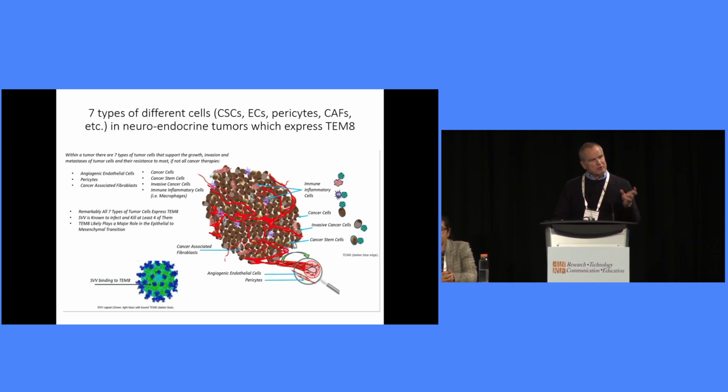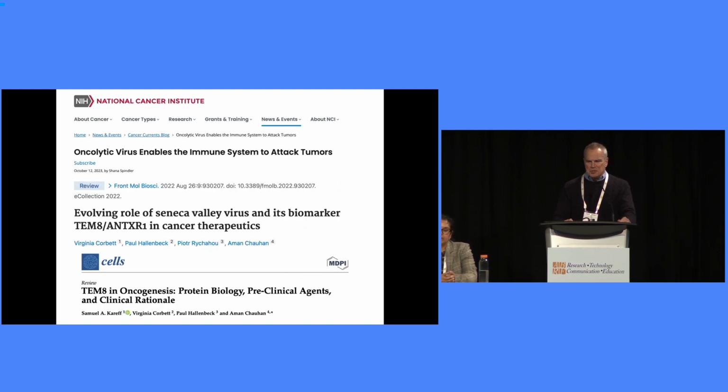So what was originally positioned as a single modality for treating neuroendocrine cancers now is being repositioned to be able to take cold tumors and make them hot. Okay, so now you don't need the high dose anymore, you don't have to lyse the entire tumor, but if you can take an administration of Seneca Valley virus, make that cold tumor hot, now you can come back with other cellular modalities like CAR T and really have an effect.